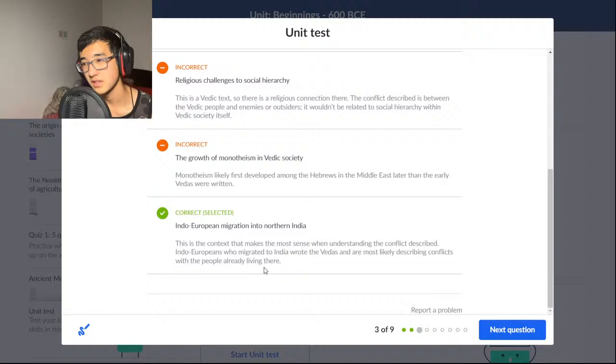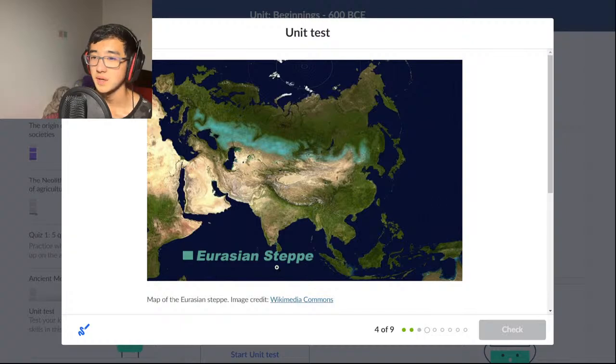And are most likely describing conflicts with the people already living there. Okay. Is this during Harappan and Mohenjo-daro society and era? Okay, I guess I just didn't know. Eurasian steppe.